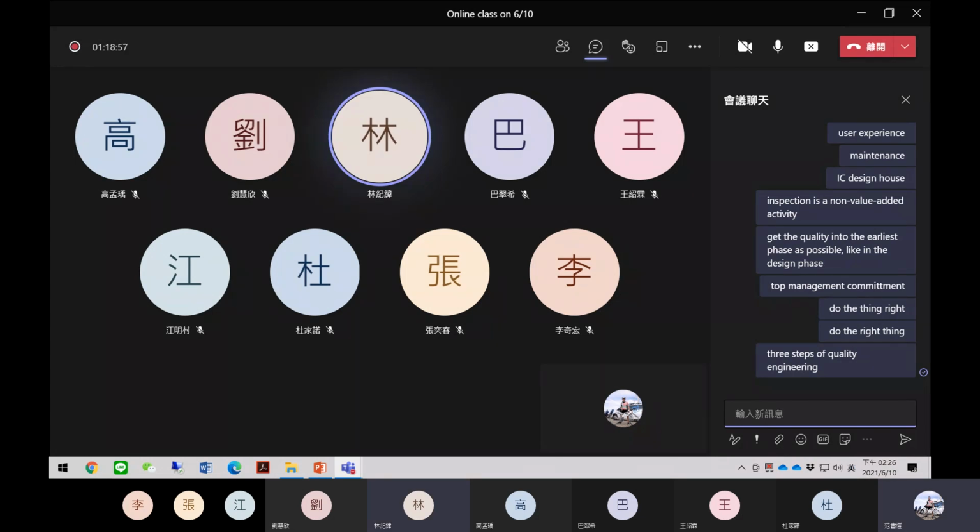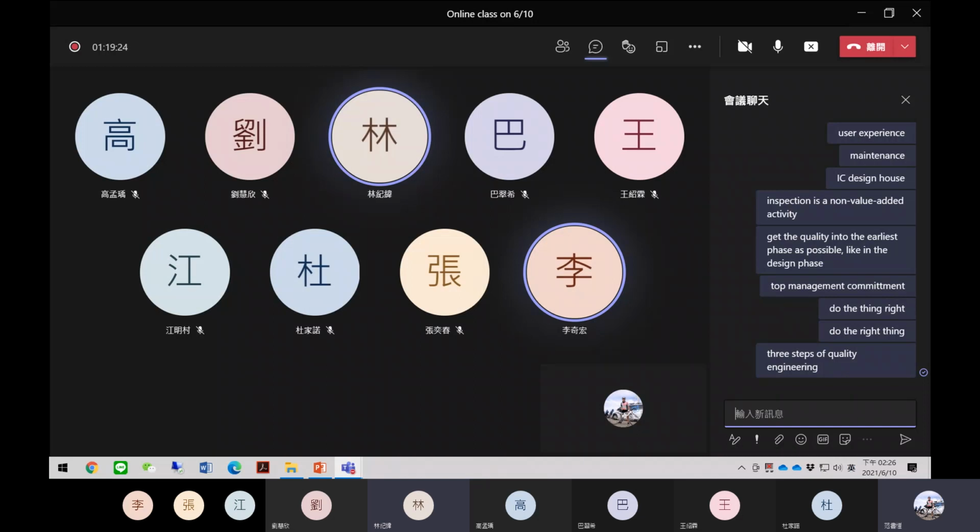What are the three steps of quality engineering by Taguchi? I don't remember. You don't remember? Qihong. Yes, teacher.